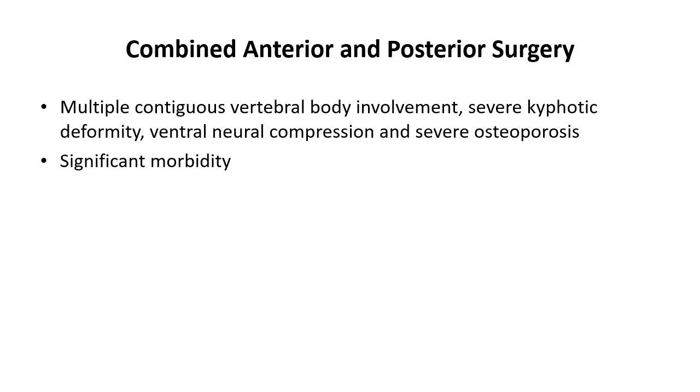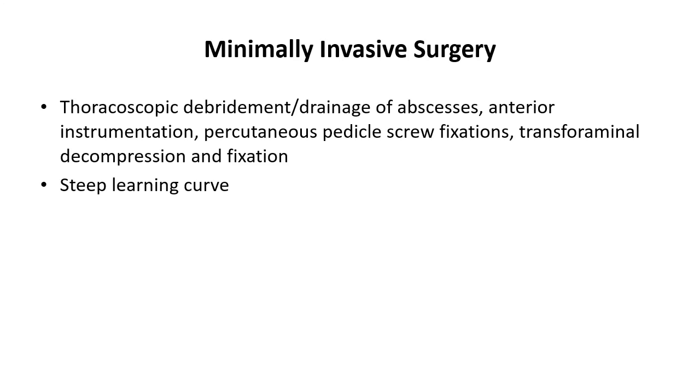Minimally invasive spine surgery techniques are increasingly being used for the treatment of spinal TB. These include thoracoscopic debridement, drainage of abscesses, anterior instrumentation, percutaneous pedicle screw fixations, transforaminal decompressions and fixations.